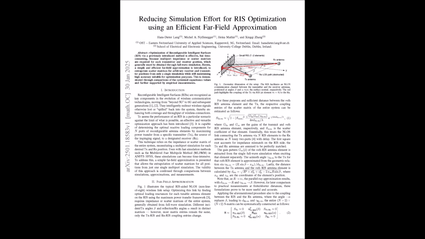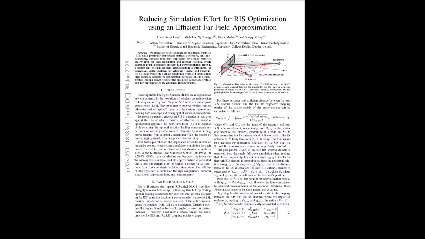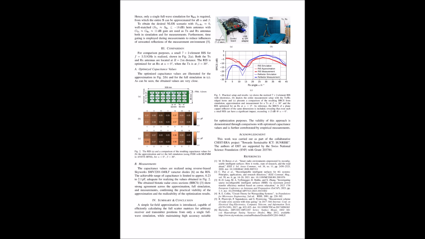One area where RIS is poised to make a huge difference is in mobile networks, especially as we move towards 6G and beyond. Imagine a city covered in a network of interconnected RIS surfaces strategically placed on buildings, lampposts, even billboards. These surfaces could work together to intelligently guide and shape wireless signals, creating a much more efficient and robust network.